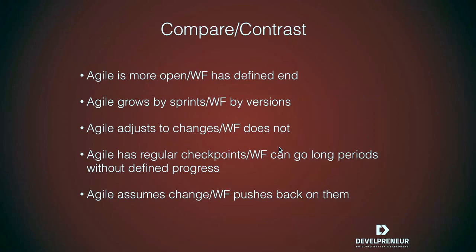The adjusting to change, as I mentioned, is really because Agile assumes things change. Agile just comes in and says, okay, you've got a requirement change. You want to move that there, or you want to change how that works a little bit, fine. We'll take it into account, put it in the next sprint, we'll be fine.